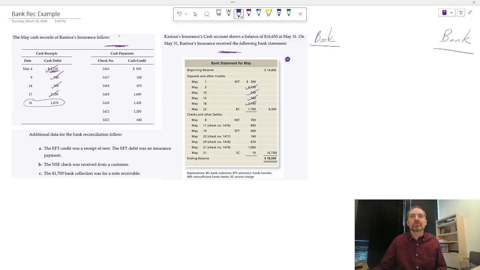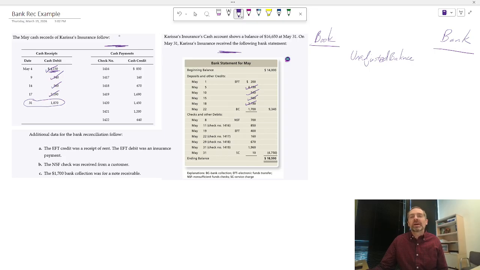The starting point for my reconciliation is, what is the balance? And we're going to call this, for lack of a better word, the unadjusted balance. Now, this has nothing to do with adjusting entries, which is why I hesitate to use this term, but it's the term that we often use with bank reconciliations. I'm sorry if that's a little confusing that we're reusing some terminology here.